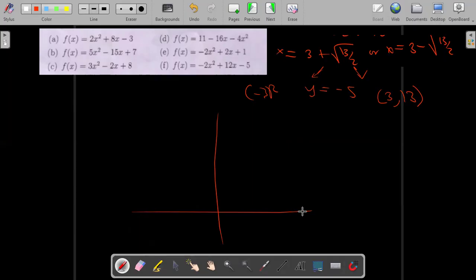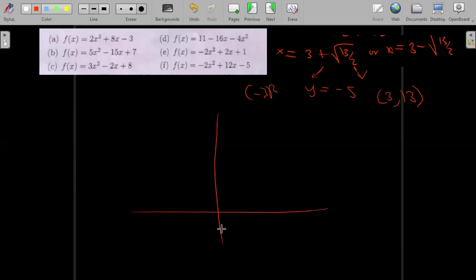Okay, so where is this going to be cutting? I found my y to be negative 5, so I need to cut somewhere there, and then we have the point 3, 13.